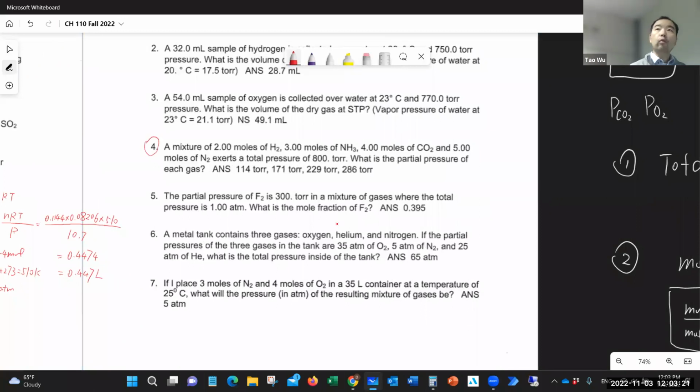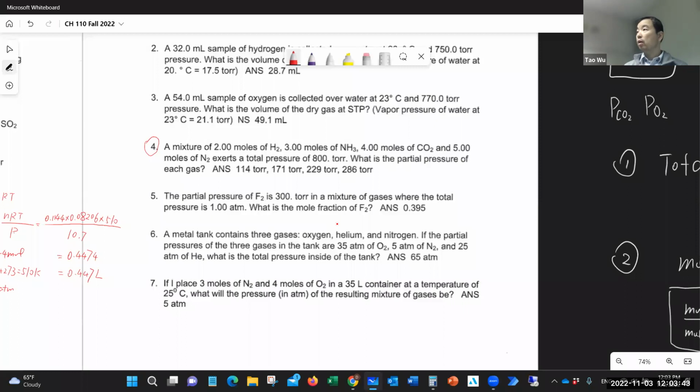For example, number 4: a mixture of 2.0 moles of hydrogen, 3 moles of ammonia, 4 moles of CO2, and 5 moles of N2 exerts a total pressure of 800 torr. What is the partial pressure of each of the gases?